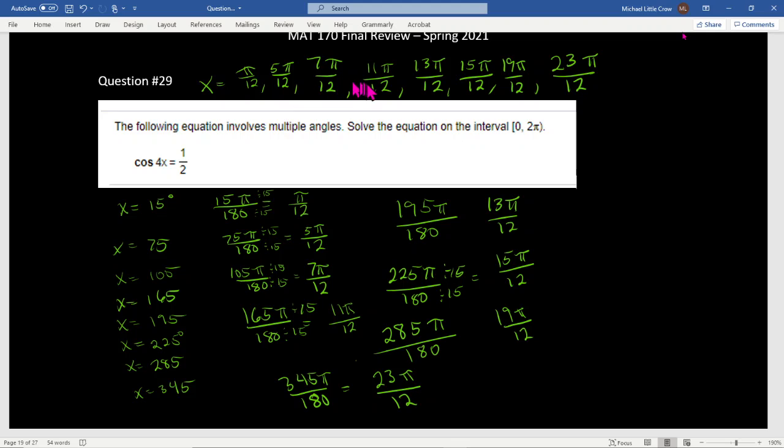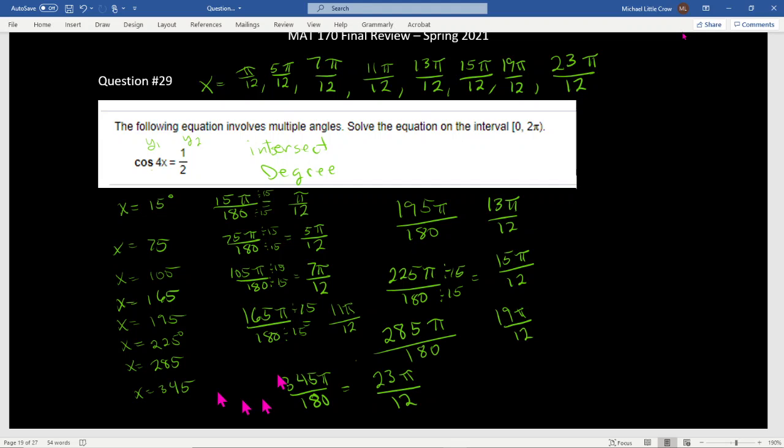1, 2, 3, 4, 5, 6, 7, 8 answers. That's what we put in for this one. And again, yours may be different, but just put y1 here, y2 here, and then find the intersections and make sure you're in degree mode, because that just makes it easier for the translation.